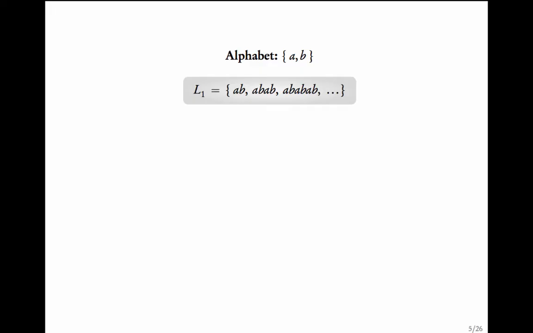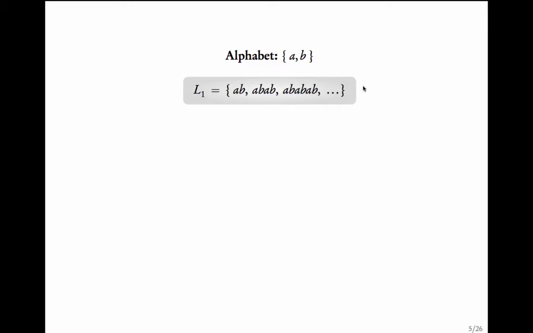I'm just considering a particular set of words and I'm naming it L1. And the words here are of the form AB concatenated some n times, where n is from 1 to infinity. AB, ABAB, ABABAB, the next is ABABABAB, and so on. Okay, so I have a set of words.